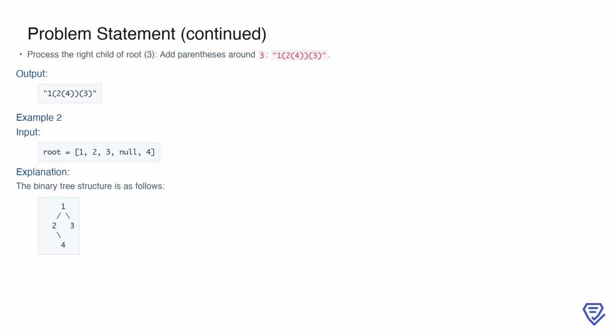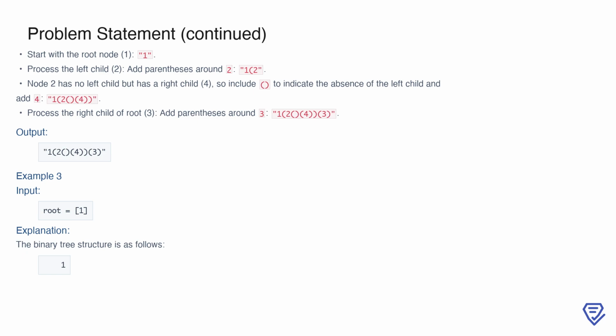In this case, the tree can be visualized as the root node 1, which has 2 children, 2 on the left and 3 on the right. Node 2 has no left child but has a right child, which is node 4. Starting again with the root node 1, the string begins as 1. For the left child, which is node 2, we add it in parentheses, giving us 1(2). However, since node 2 has no left child, we must include an empty pair of parentheses to indicate its absence.